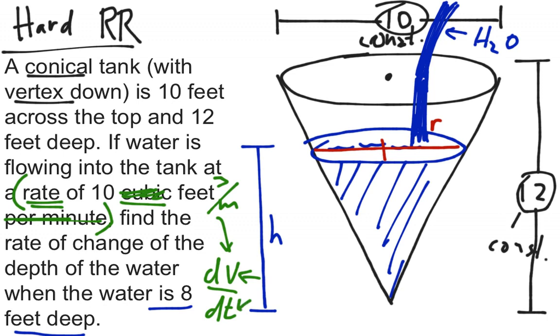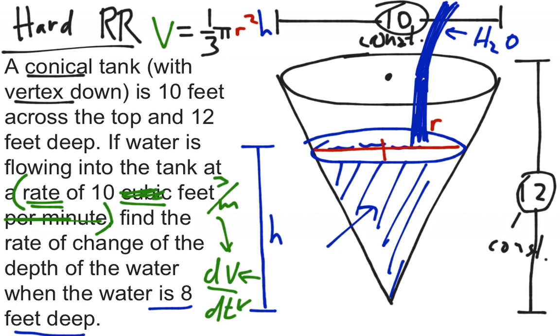So we know we're going to have to do something with volume, and because it's a cone, we're looking ahead to this formula, which says that V equals 1/3 pi r squared h. That's why I chose h and r to be the variables, because the watery stuff is forming a cone inside the conical tank. Hopefully that made some amount of sense.